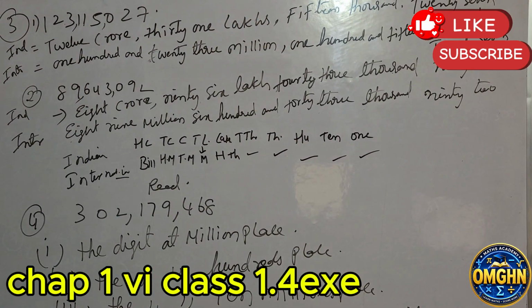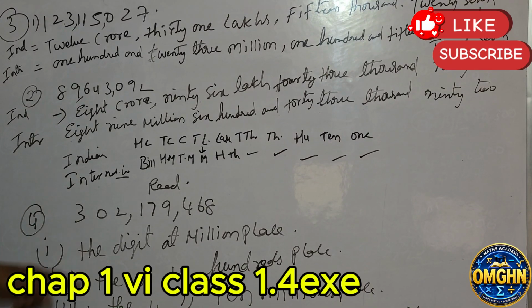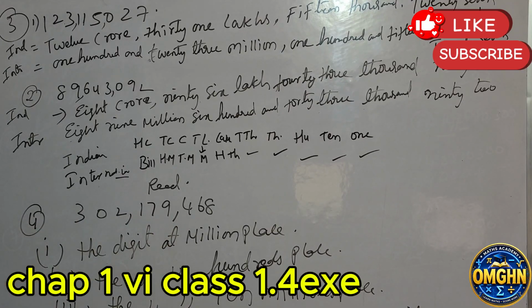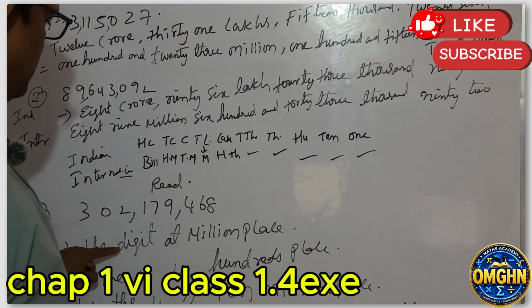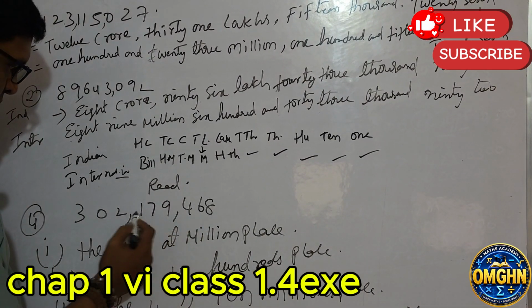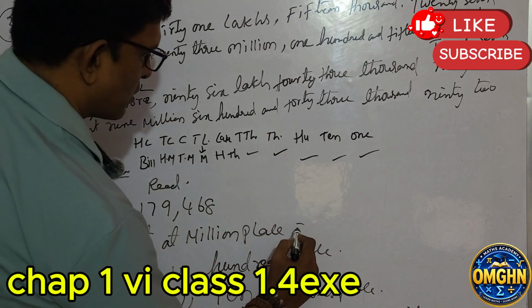Okay, now the fourth question. It is in the international method. The digit at million place is 2.